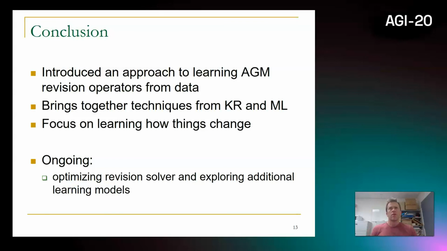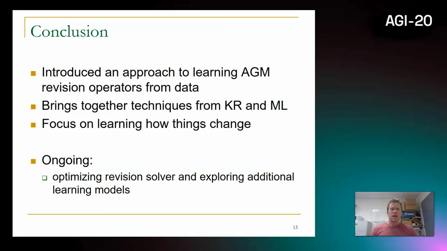We want to combine all of the things we have to get robust models of human-like reasoning. And the focus here is really on how beliefs change in response to new information. It's about learning the mental state of an agent and the way that that mental state influences the things they believe when they get new information.